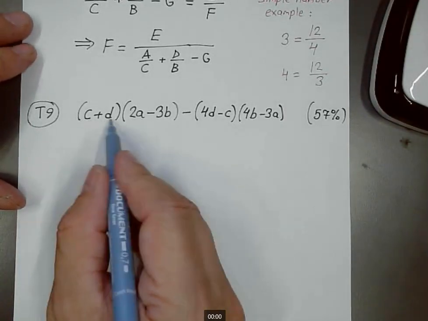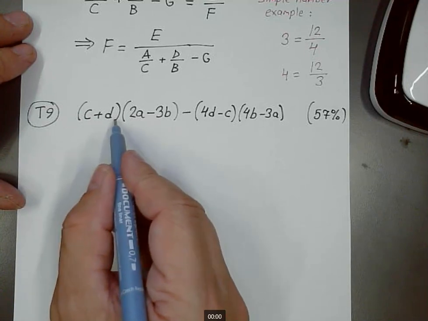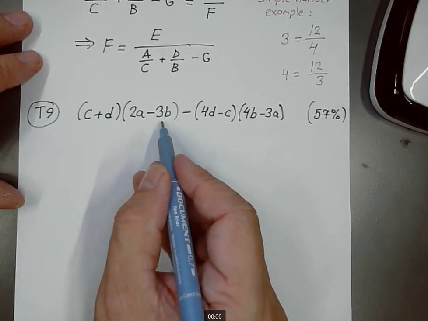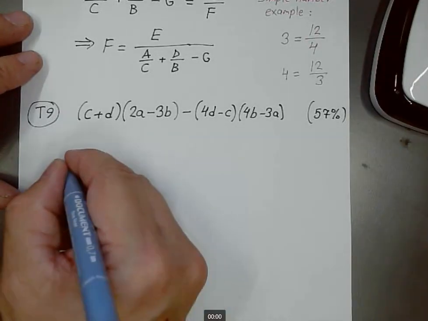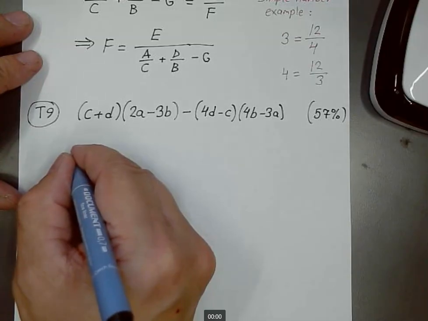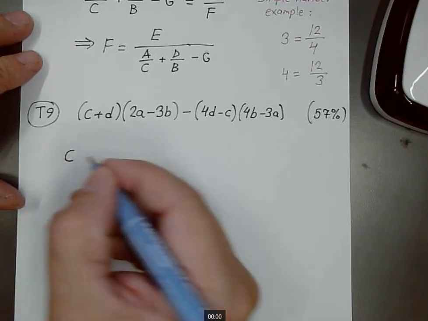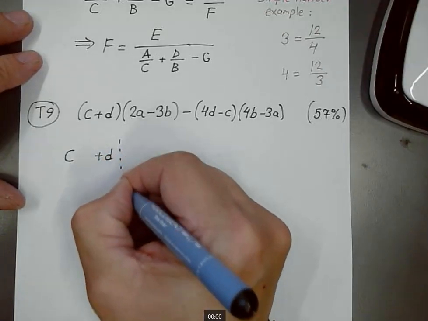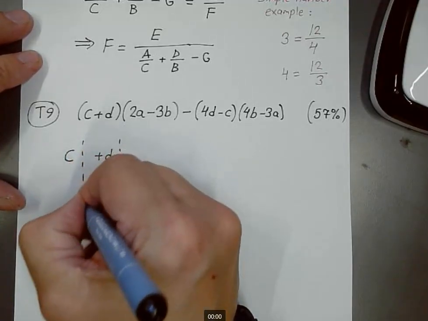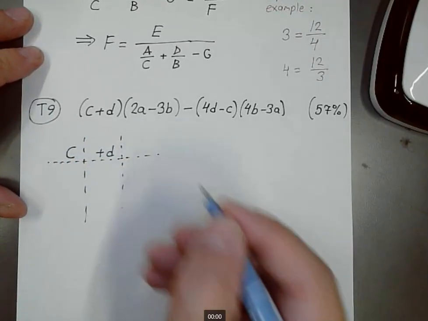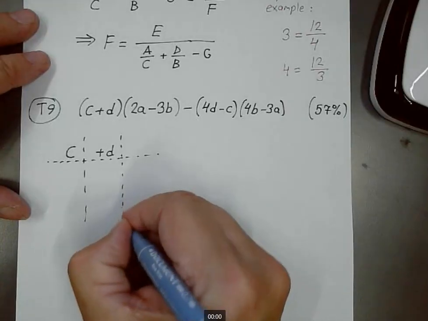Like this. I see here there is C plus D, and there is 2A minus 3B. I will write this in a table format. I will write C plus D here, and I try to write some kind of table here. You don't need to use these lines here, but maybe it's easier to understand what happens.